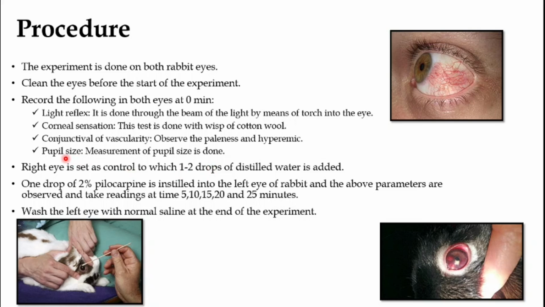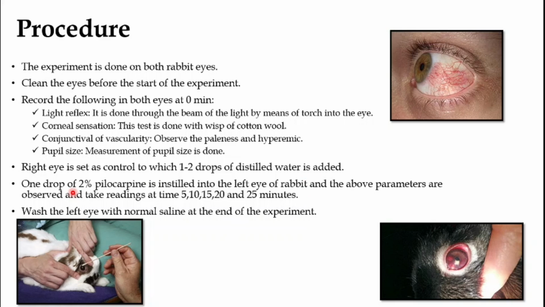And the last, which is the most important, you have to see the pupil size, and the pupil size is measured with the help of the ruler or the scale. Right, so the right eye is set as a control, to which 1 to 2 drops of distilled water is added.